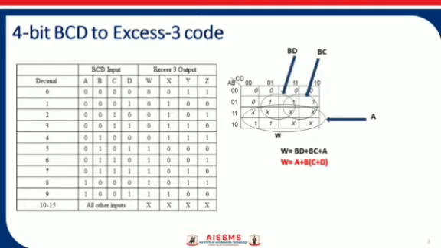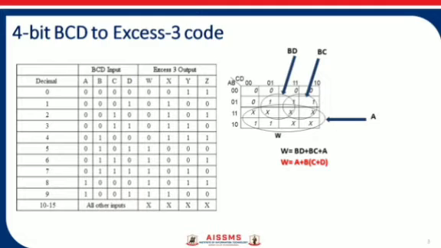The grouping of ones is possible in powers of 2, for example 2 raised to 0, 2 raised to 1, 2 raised to 2 and 2 raised to 3. Here a total of 4 bits are there, so we go up to 2 raised to 3.